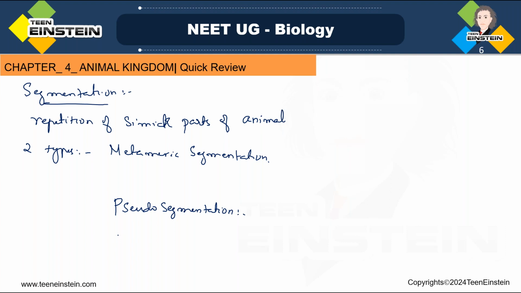What about the pseudo segmentation? Pseudo segmentation, otherwise called strobilization. In pseudo segmentation or strobilization, you can see it in tapeworm, right? In those, a similar sort of repetition is visible. But here the repeated body parts will be different from each other, and they are called proglottids.